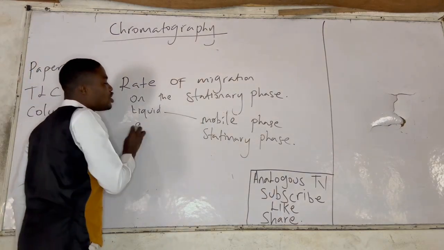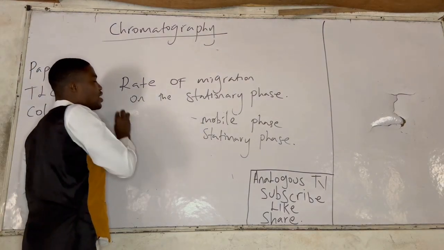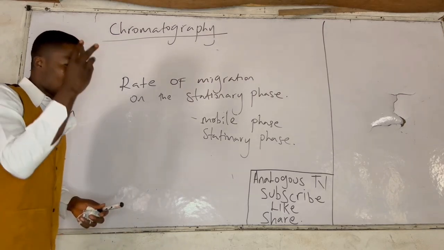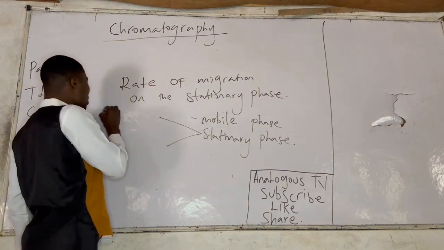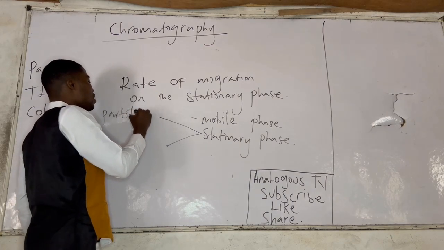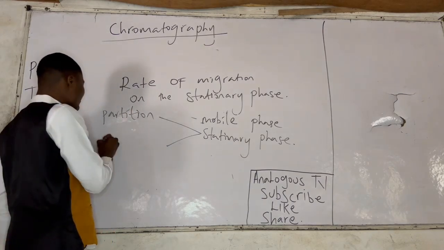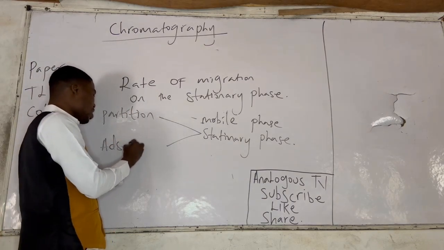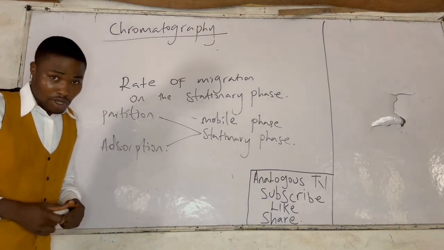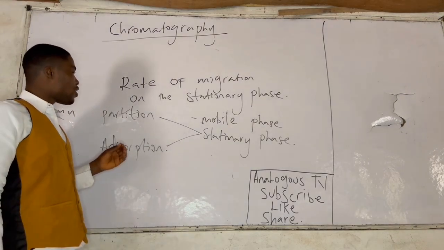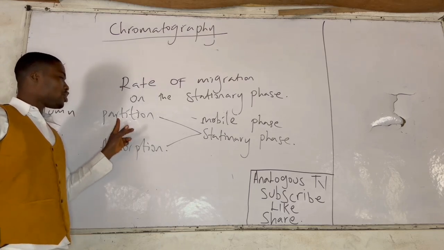Based on the stationary phase, chromatography can also be of two types: partition chromatography and adsorption chromatography. Partition chromatography is a chromatography in which the stationary phase is liquid.